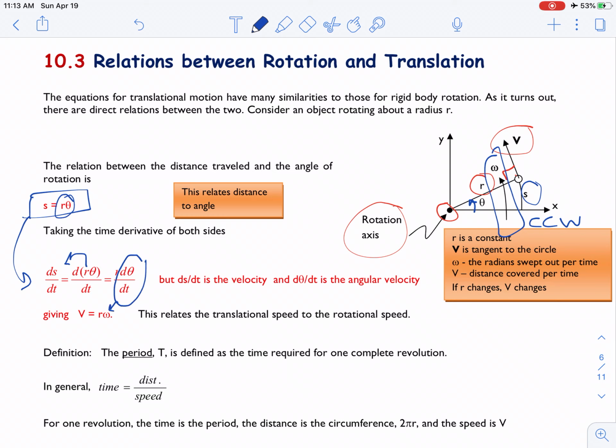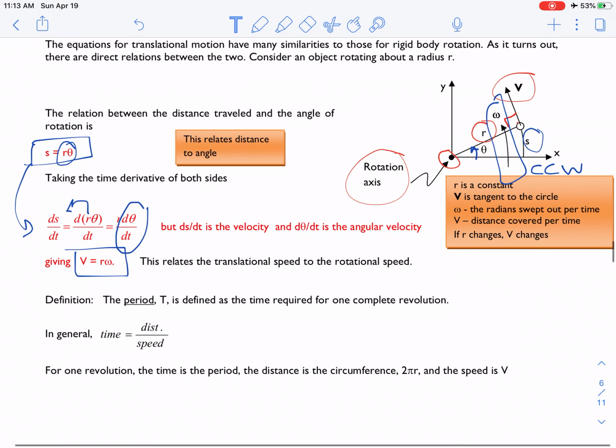It is omega, right? And ds over dt is v. So you're getting a new equation, which is v equals r omega. Okay, and this is how we relate translational speed v to the rotational speed omega. Again, the key is r, the radius. So these are the two equations, and now we have both the linear and the rotational quantities in the same equation.